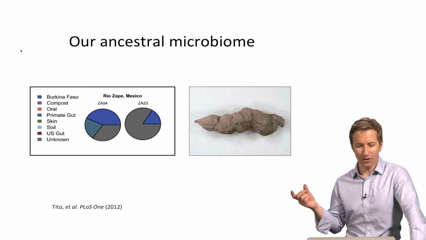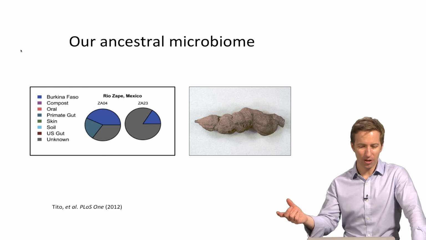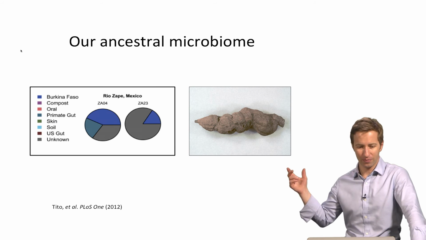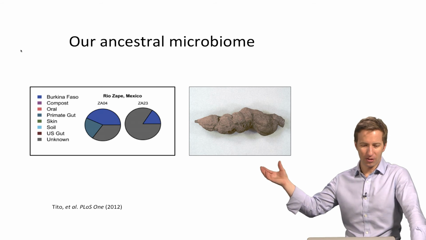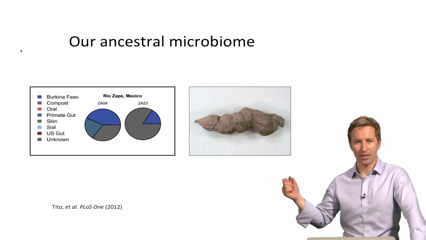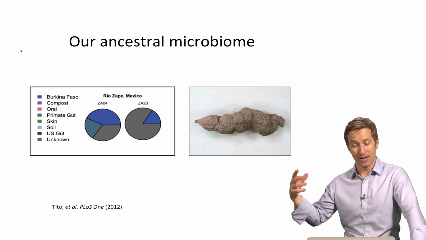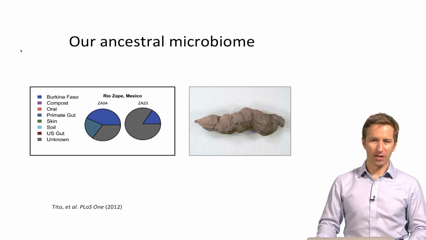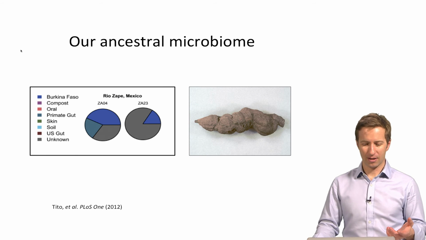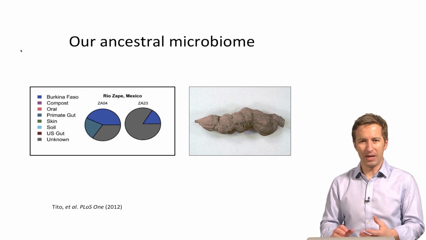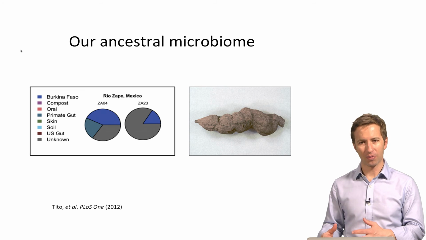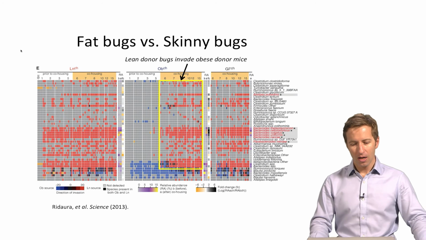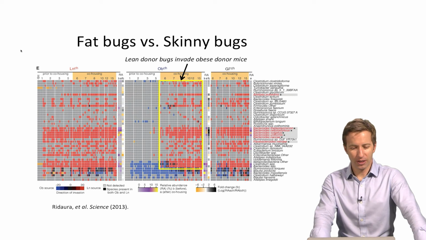Specifically, they looked like a non-westernized human community, or in the case of this Riozape ZA4 sample, it looked somewhat like a modern but non-westernized human gut microbiome, and somewhat like a primate gut microbiome, providing a little bit of suggestive evidence that our ancient human microbiome may have been more similar to what modern non-human primates have.